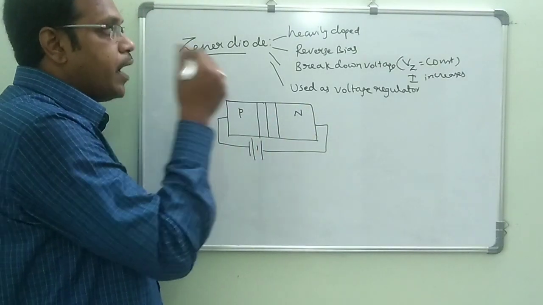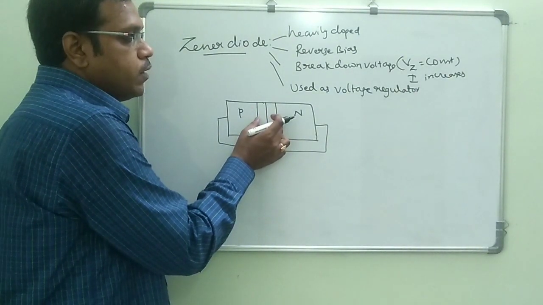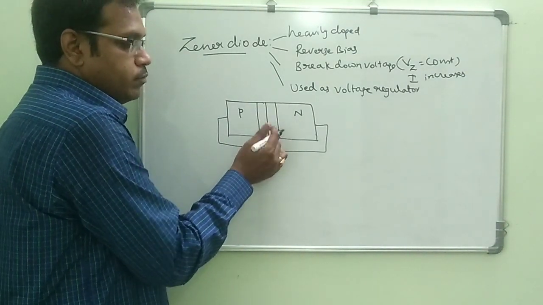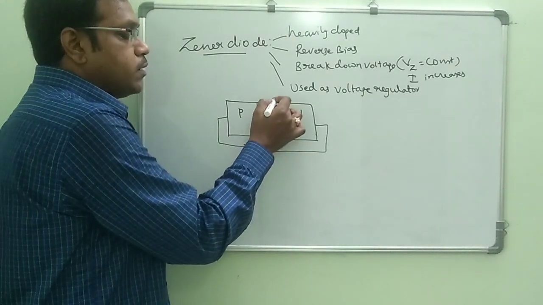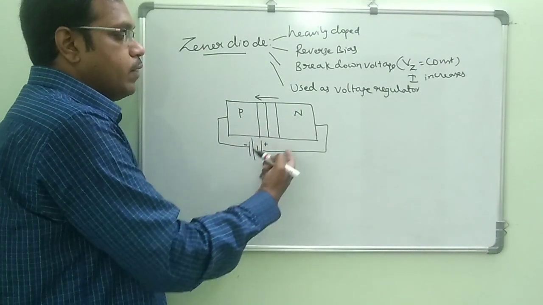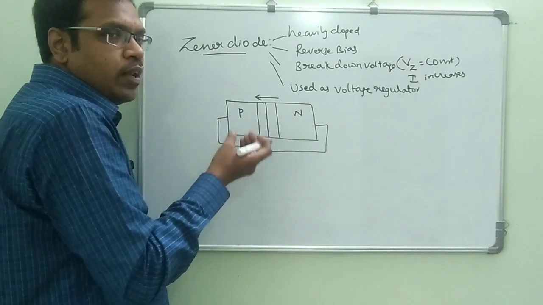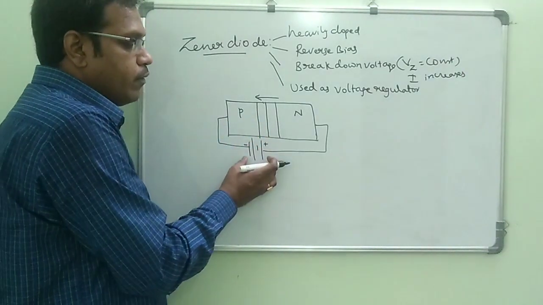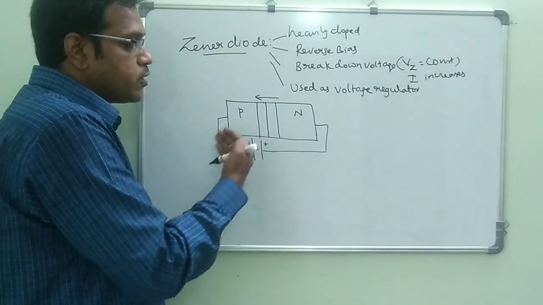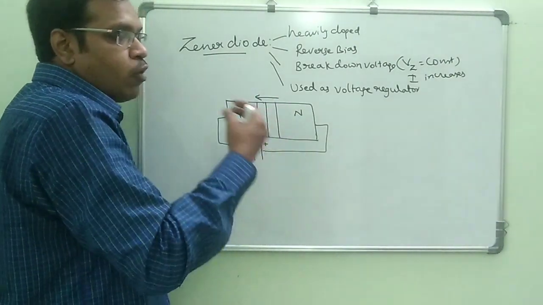Because of the reverse bias and heavy doping, an electric field comes across the depletion region. This electric field becomes very strong as we keep increasing the reverse voltage.